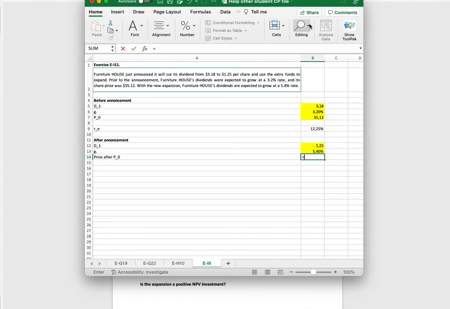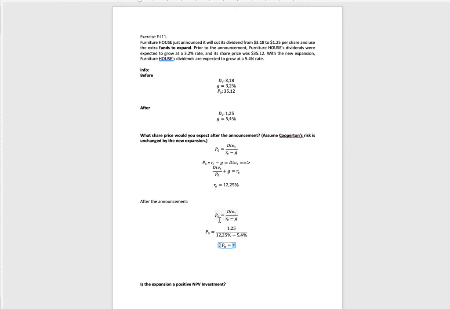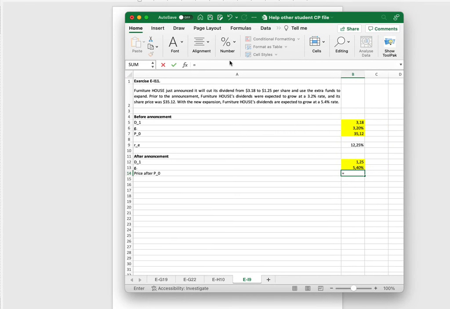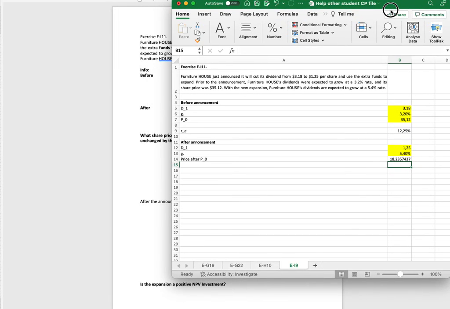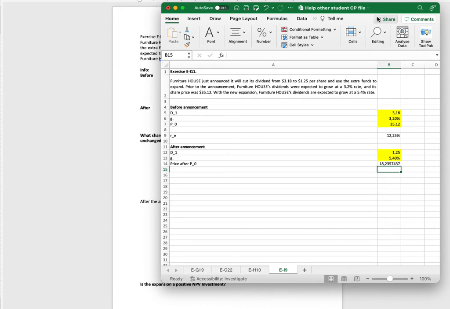So we had the new dividend payout, the return on equity, and the growth rate, the new dividend divided by this, and because it's in Excel, you need to make these round, and then you see that the stock is going to fall by a lot, actually.